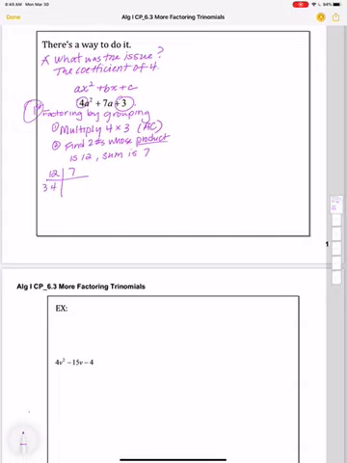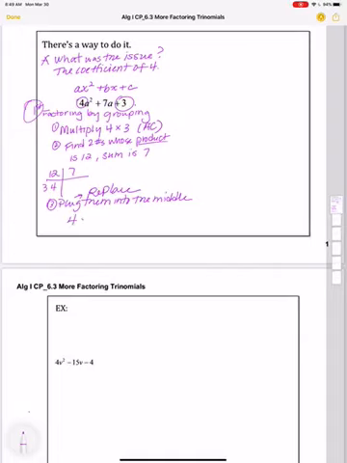All right, so what you're going to do is take your problem. You find the numbers, step 3, plug them in the middle. And you replace the middle, because you're going to take 7a out.